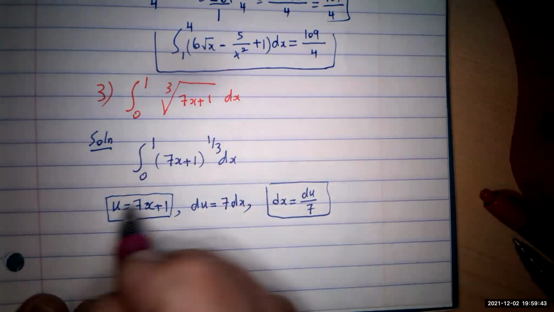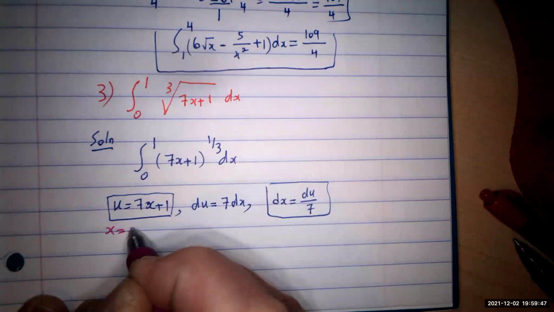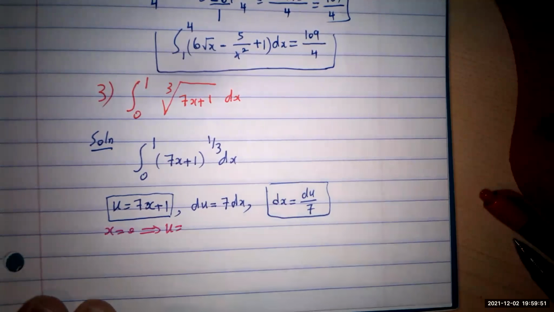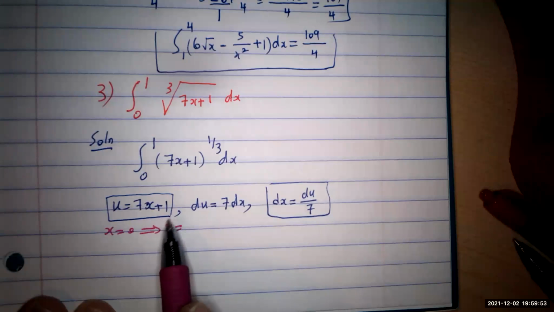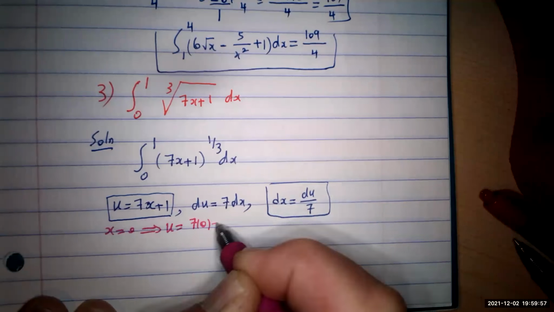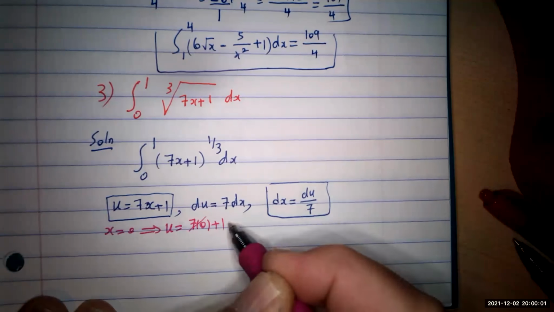Say, if x is equal to 0, then if I want to change it to u, you see u would be what? u is 7 times x plus 1, would be 7 times 0 plus 1. 7 times 0 would be 0, so that gives you 1.